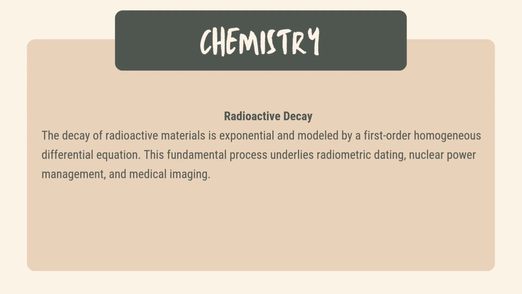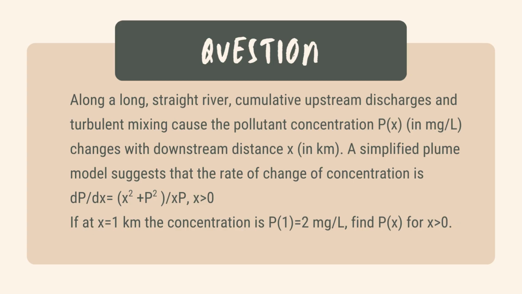Since in the beginning of our class, Vasu did not understand homogeneous differential equations, I have a question for you. The question reads as such. Along a long straight river, cumulative upstream discharges and turbulent mixing cause the pollutant concentration P of x in mg per liter to change with downstream distance x in kilometers.